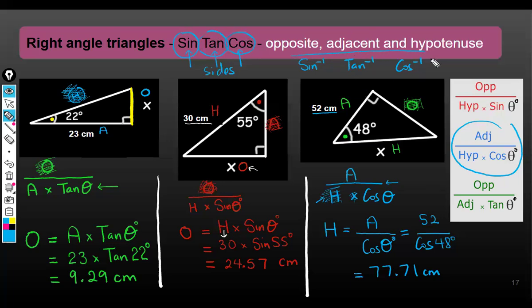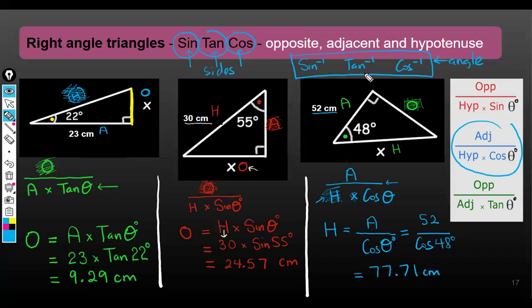Whenever you're finding angles, the question will force you. Even if you try not to use the inverse buttons, the question will force you at some point to use the sine inverse, tan inverse, and cosine inverse.